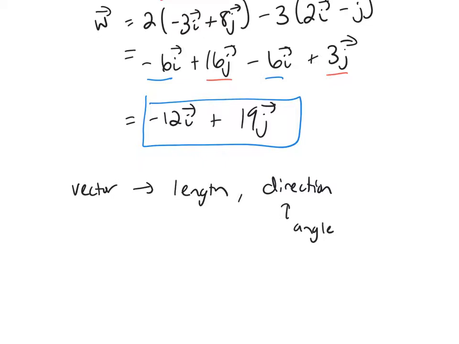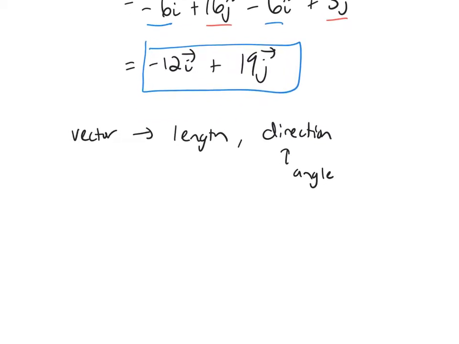So let's say I start off with a unit vector, and I'm going to assume that its initial point is at the origin. So here's my unit vector, u. Because this is a unit vector, I know that the length of that vector is 1. So this vector must touch the unit circle.